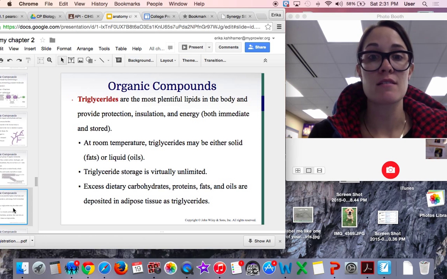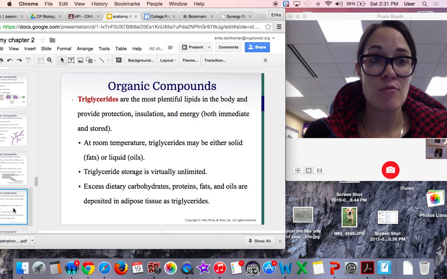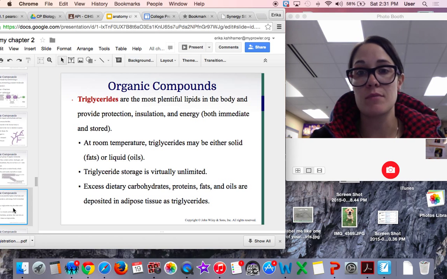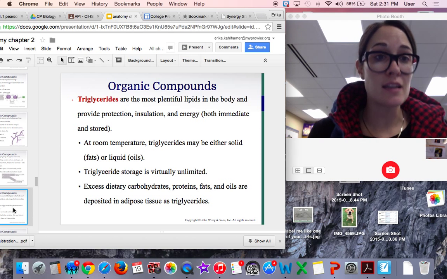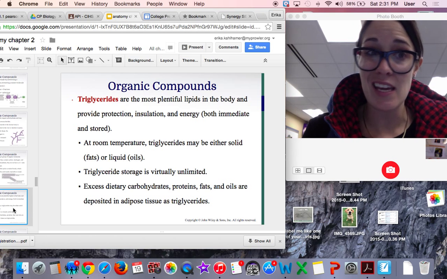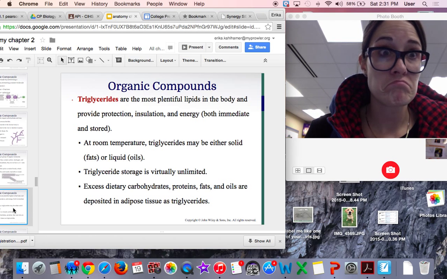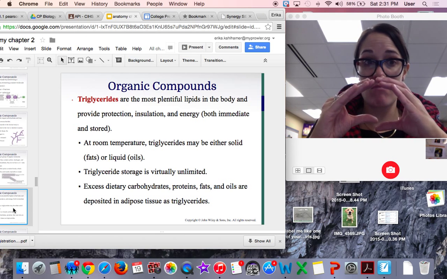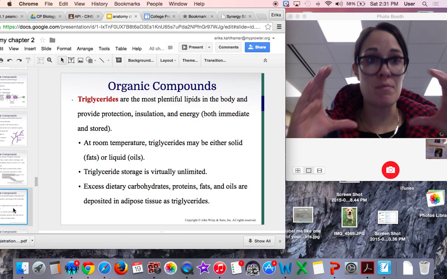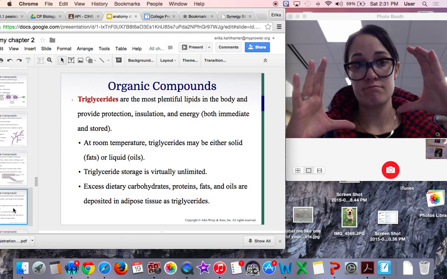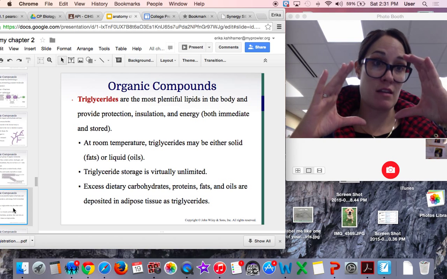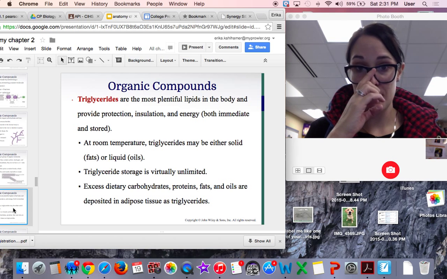Saturated fats are going to be solid at room temperature and unsaturated liquid. And triglyceride storage is virtually unlimited, meaning your body can keep storing fat. Your fat cells, called adipose cells, just keep getting bigger and bigger and bigger. Your body can just keep storing fat in them. And then if you lose fat, they'll shrink, shrink, shrink.